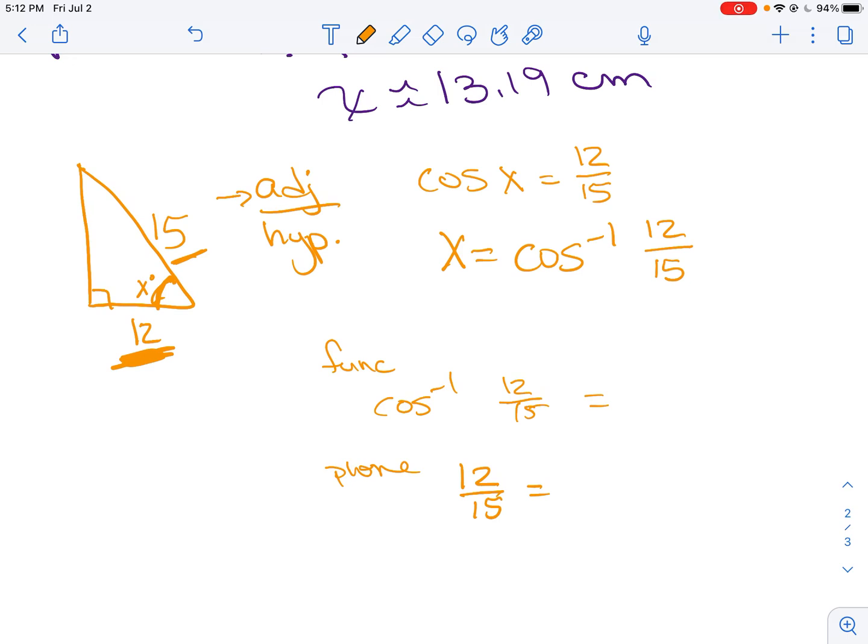And then you're going to hit the second button, and then hit cosine -1. So 12 divided by 15, hit the equal sign, hit the second button, and hit cosine, and you would get x is approximately 36.9 degrees.